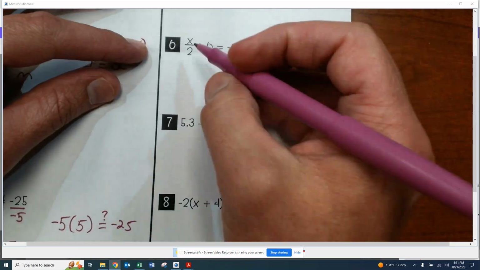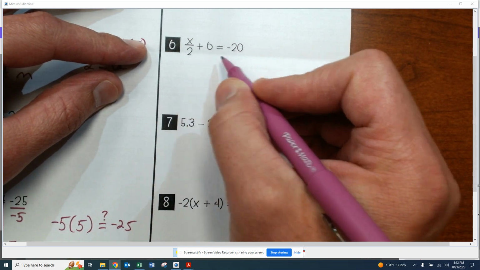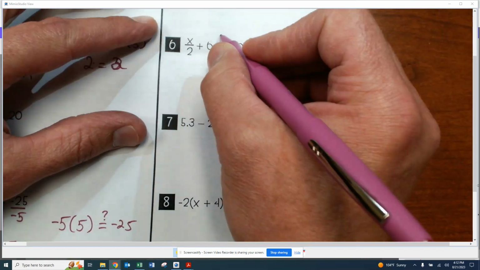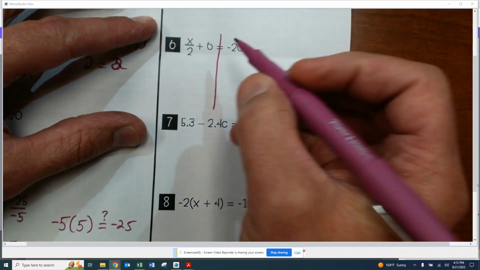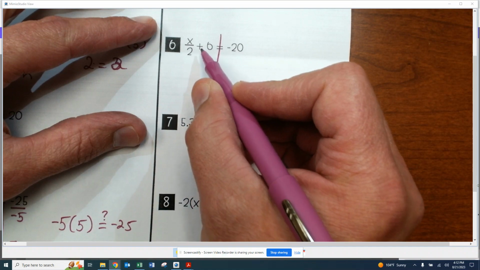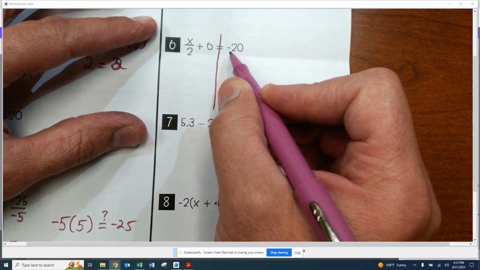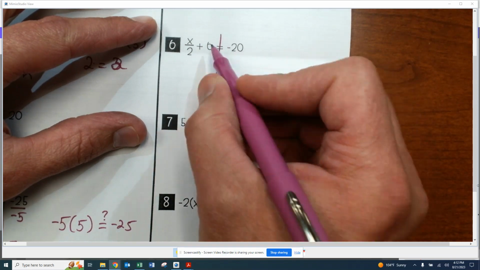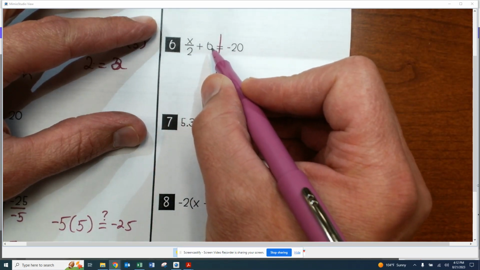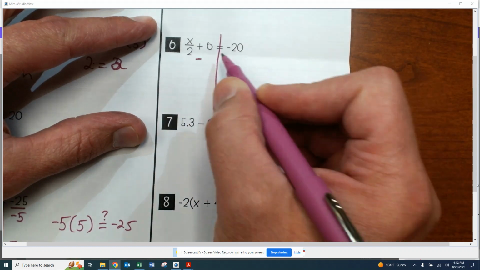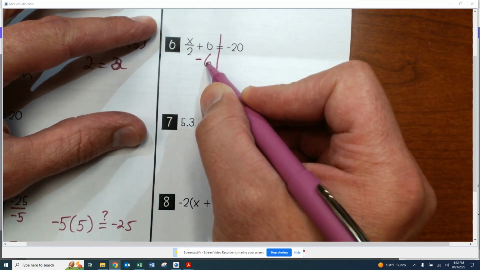In problem number 6, we have a two-step equation. So the very first thing I want to do, there's no terms that I can combine here because we have x divided by 2, and then we have plus 6 equals negative 20. So in order to deal with this, the first thing I want to get rid of is this adding 6. In order to do that, I need to make a zero pair. So the opposite of adding 6 is subtracting 6.